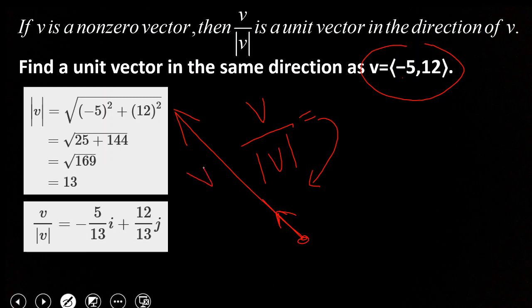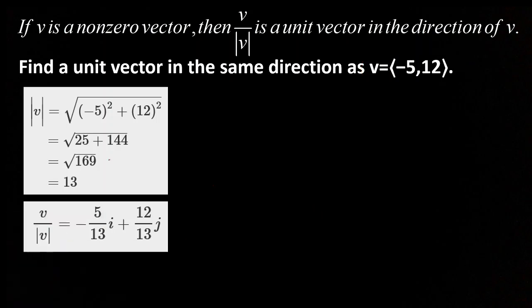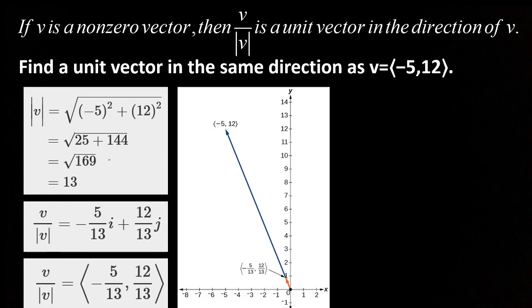So if this is v, this little vector here would be v divided by the absolute value of v. It could be written in this form, or if you don't want to put the plus sign between them, you put a comma and use this notation. So either we use ij notation or that notation.